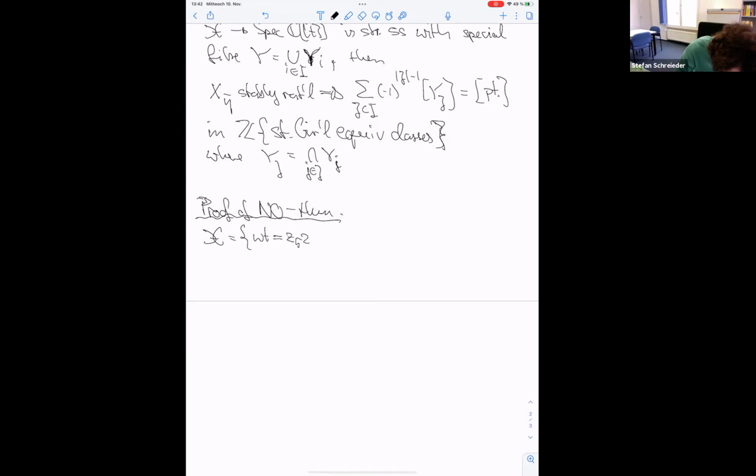So it's given by two equations in a weighted projective space over this power series ring. There are 7 variables that have weight 1, so this is Z0 to Z6.